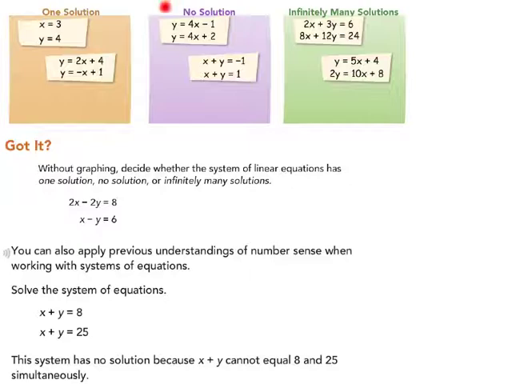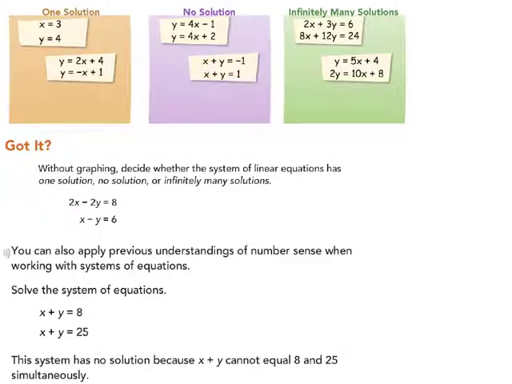Taking a look at the no solution examples, we have the same slopes, but different y-intercepts. So that means they are parallel lines. Parallel lines have no solution. Now this one is not as obvious, so we would subtract x from both sides.